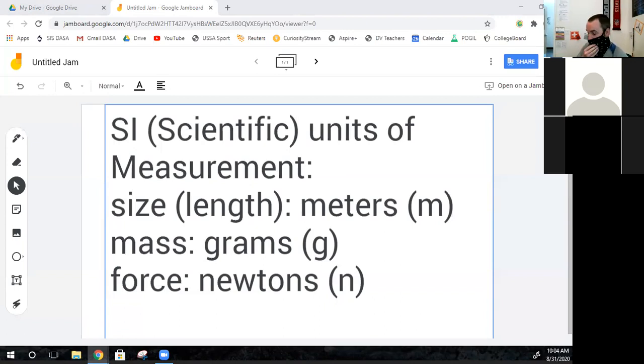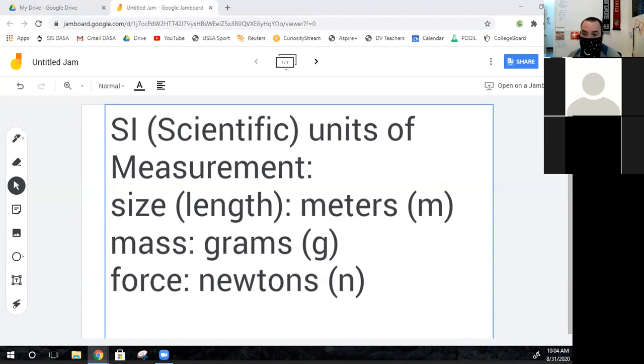So I weigh approximately 205 pounds. I have a mass of 95-ish kilograms, depending on the day and whether or not I had a milkshake the night before, which I did not last night, but I do sometimes.